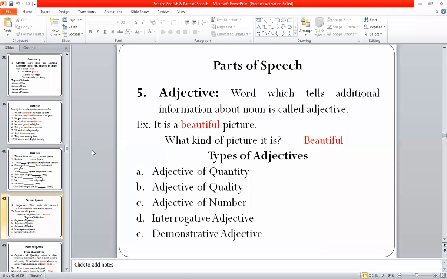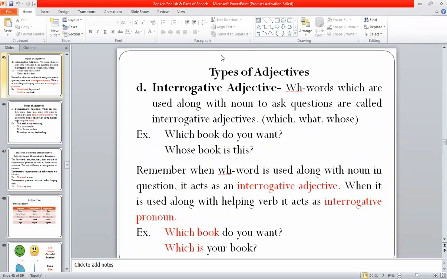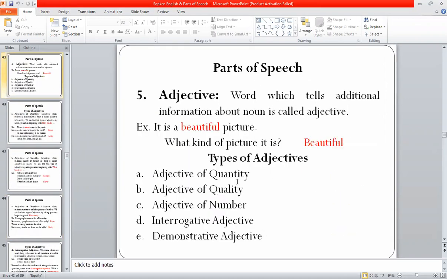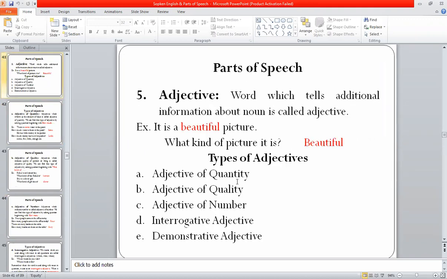These are the 5 types. Let's discuss it in depth.